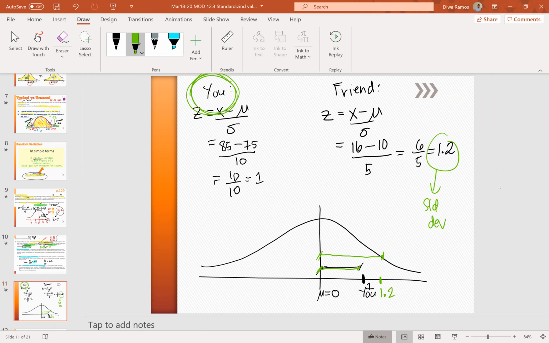She's way higher compared to us, who are only 1 standard deviation, but your friend is 1.2 standard deviations. So that's a more objective way to look at this problem, because we are now comparing our performance with the rest of the performances within our own classes.